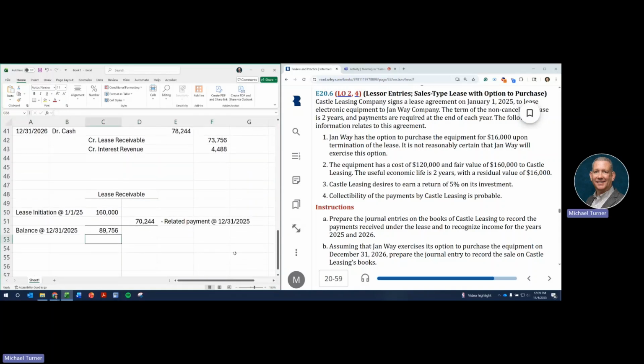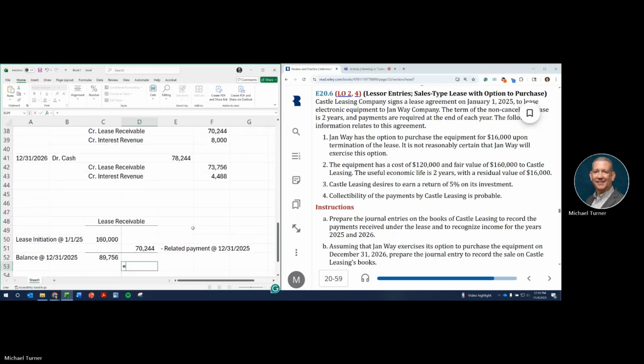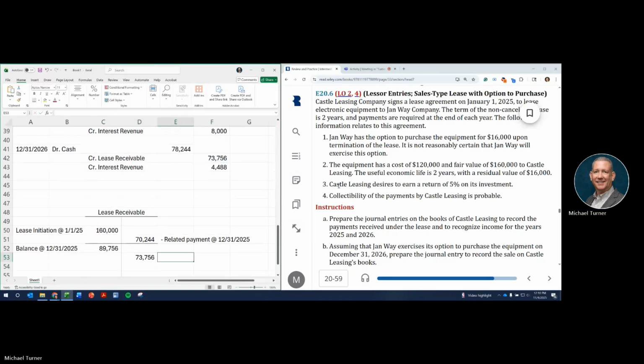And then year 2 came around and we made another payment. And this time, the credit to lease receivable is $73,756. What's our balance now?